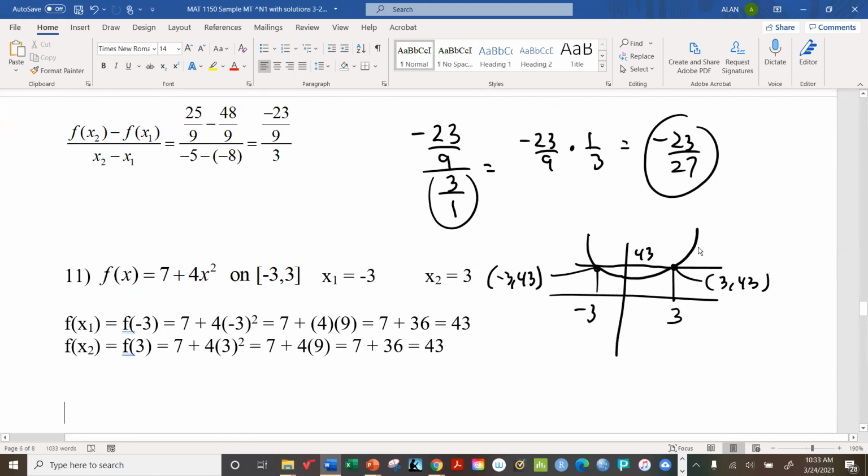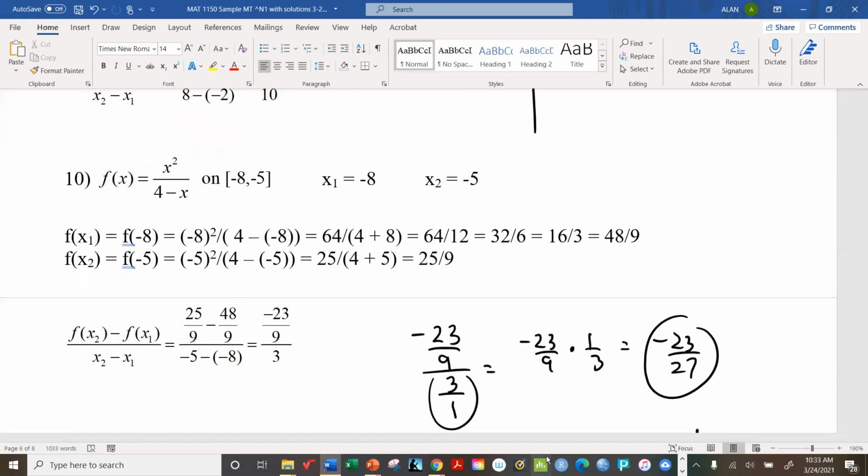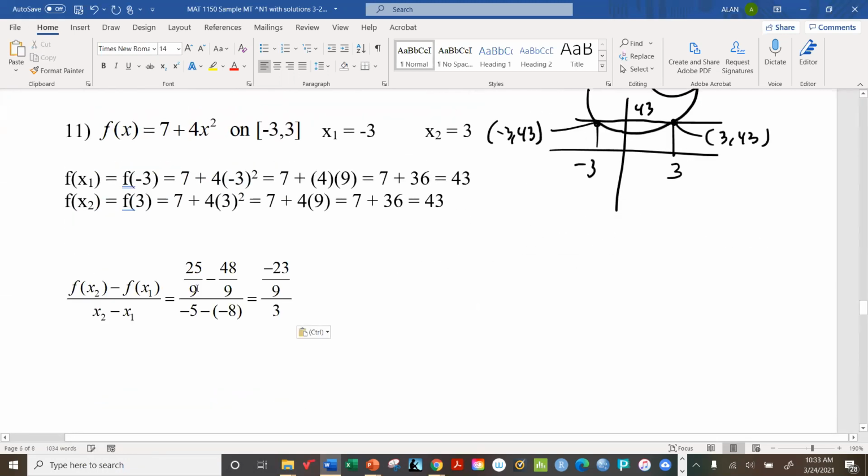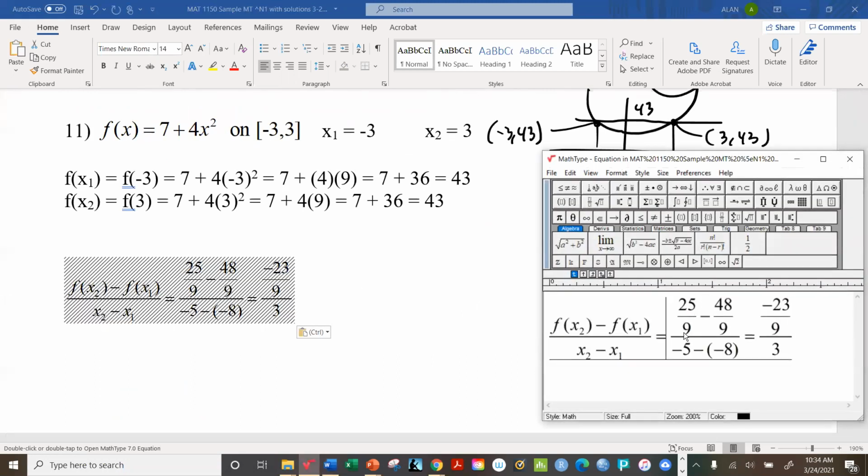And so you can see, because we end up at the same point that we started at, the average change is 0. We basically just went right back to where we started from as far as y is concerned. So when you fill in this formula, you'll see that you're just going to get a 0. A very strange case, but that's exactly what just happened. So in the numerator, we have 43 minus 43.